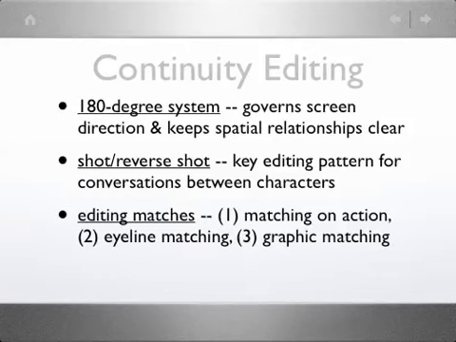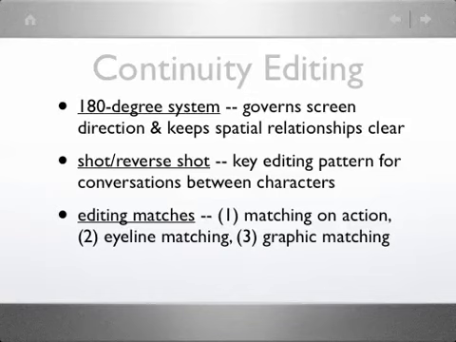Now, each of these types of editing matches is designed to sort of smooth over the potential disruptions that can occur when there's an edit between one shot and another shot. Matching on action does that by having an action that a character is engaging in that starts in one shot and then finishes in the second shot after there's been a cut from the first shot to the second shot.